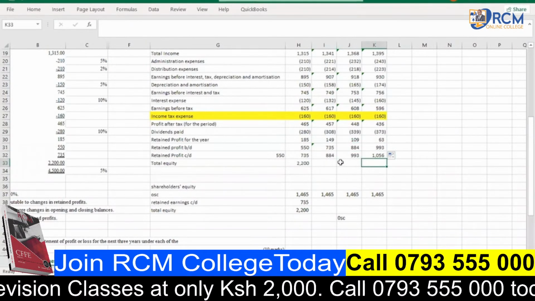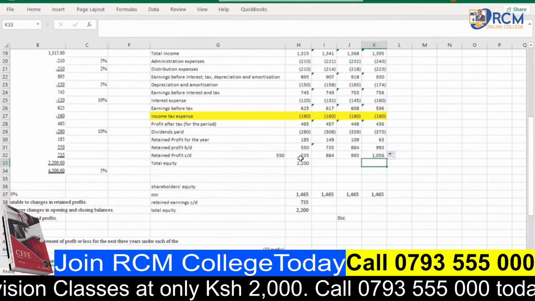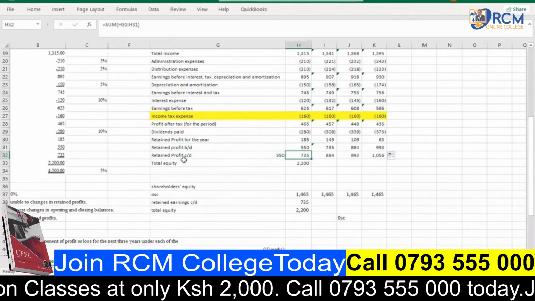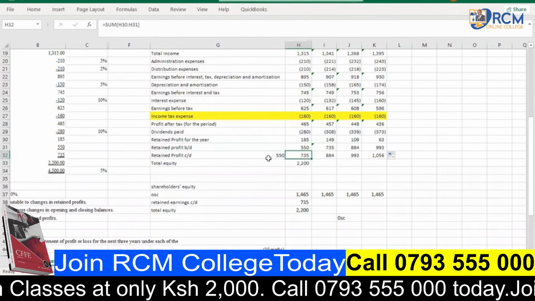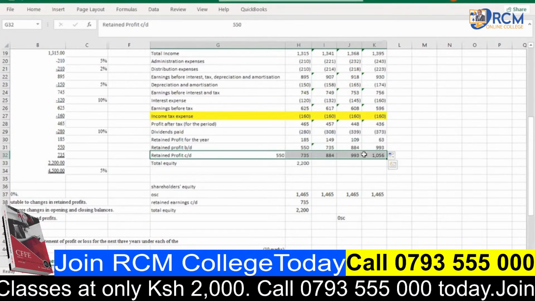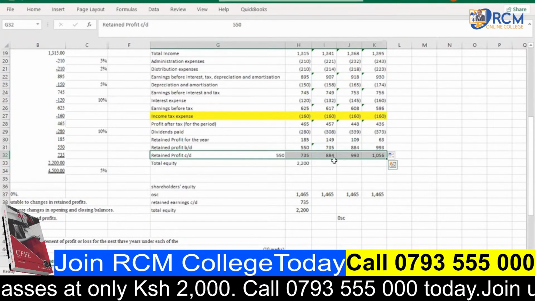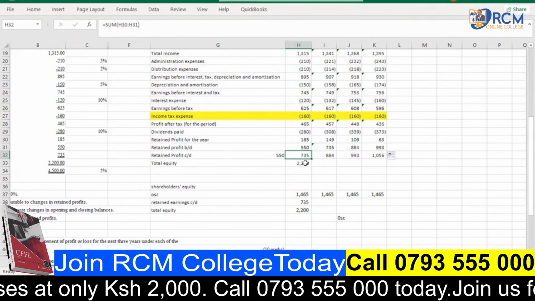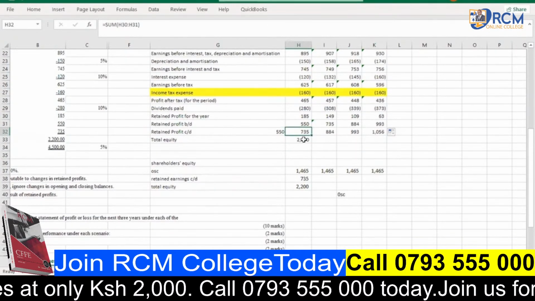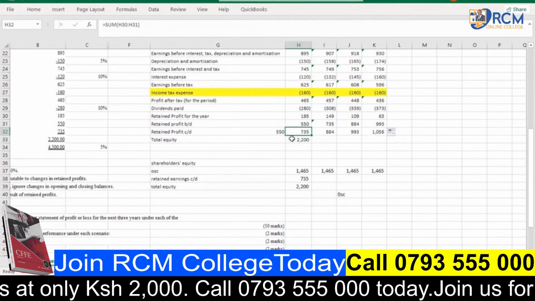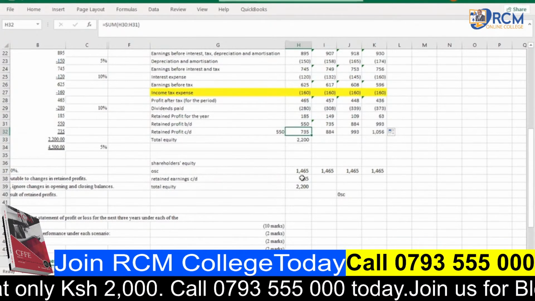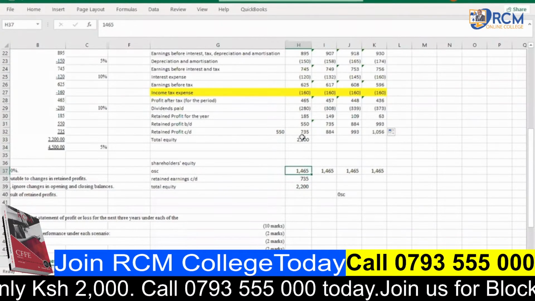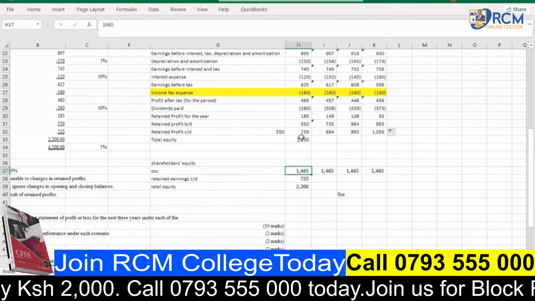Okay. Tukimaliza hapo, we now get to this point. So this is the retained profit carried down. It is this value that is being taken to the statement of financial position. So for 2022, tumeambiwa that the total equity is 2200, which means we take retained earnings carried down, tunaongeza na ordinary share capital ndio tupate 2200.